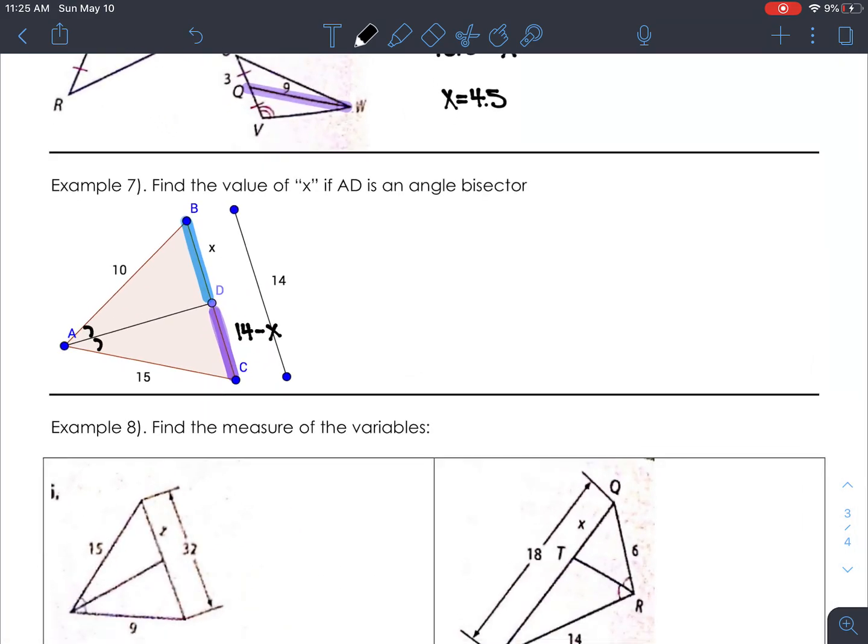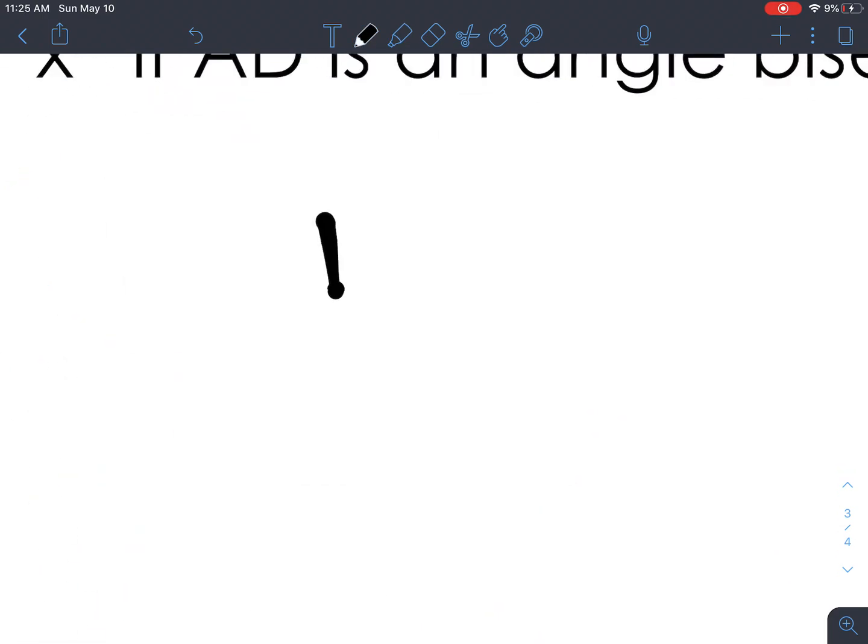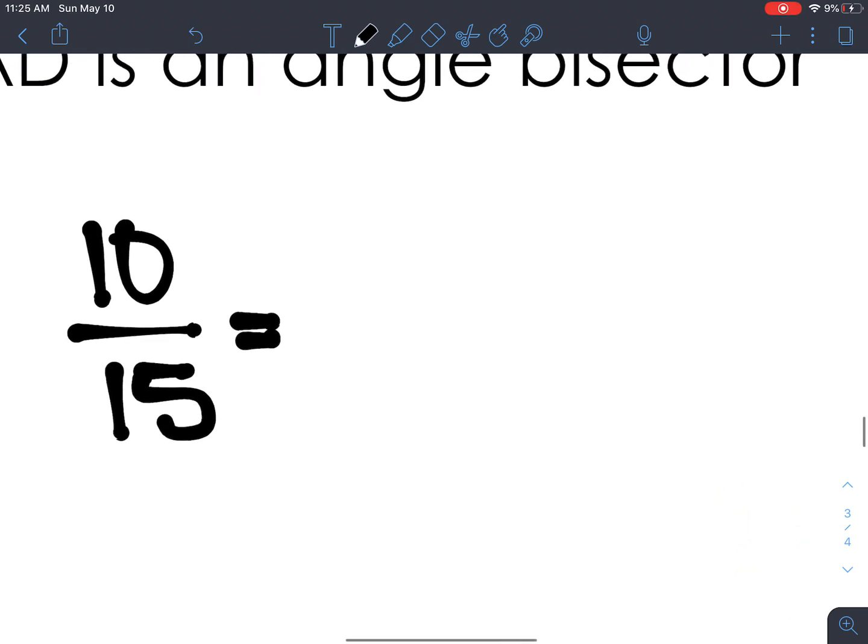So now let's go ahead and set up our scale factor. So our scale factor is going to be comparing our two side lengths. So I'm going to do 10 is to 15, okay, which reduces into 2/3.